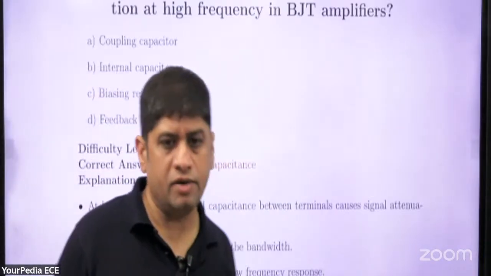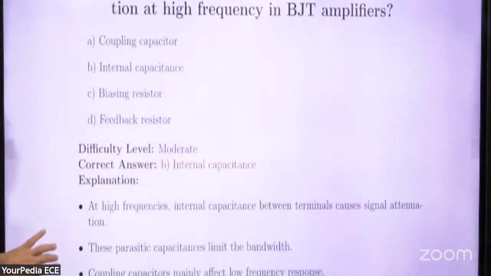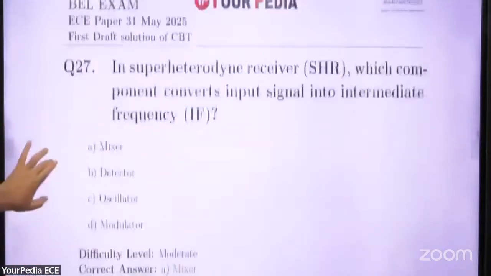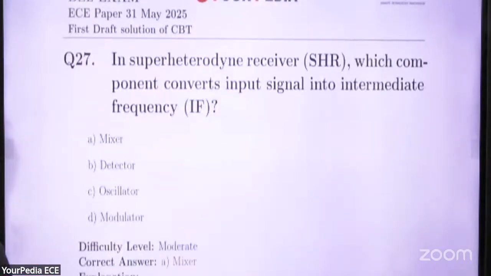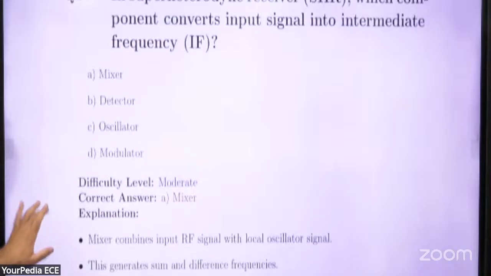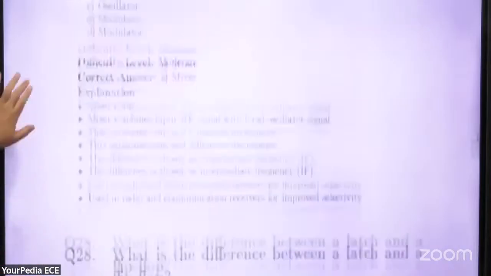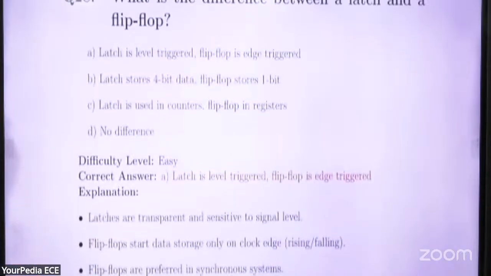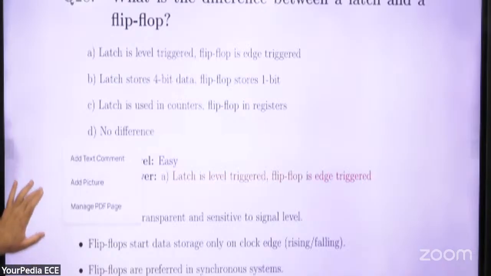So friends, by 5:30 we are going to provide you the detailed solution of the BEL electronics paper. Moderate degree of difficulty. Easy.